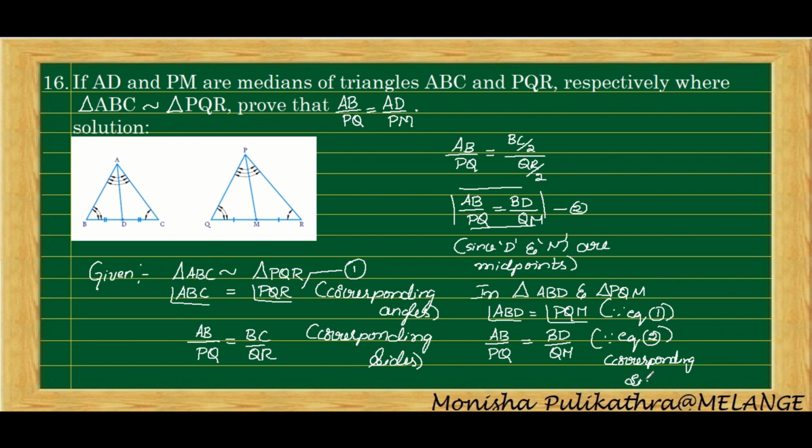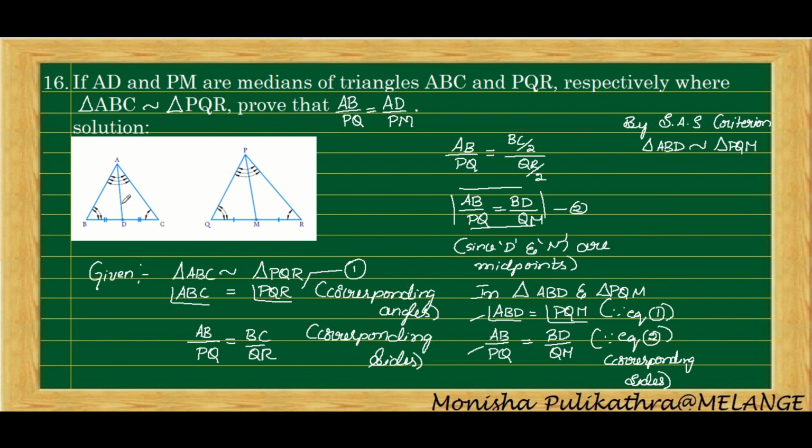If one angle and two sides are proportional, then by SAS similarity criterion, triangle ABD is similar to triangle PQM. One angle and two sides are proportional, so these two triangles, ABD and PQM, are similar.